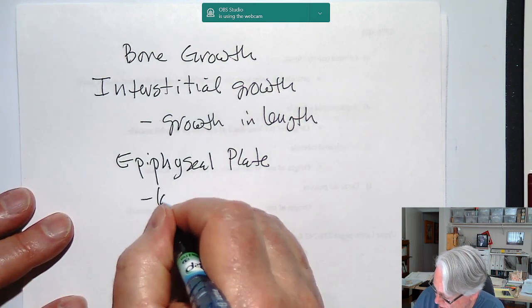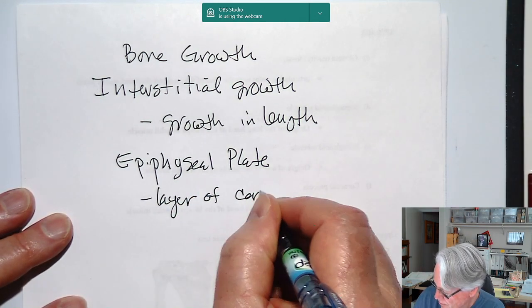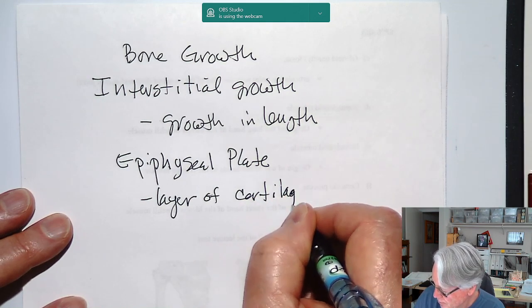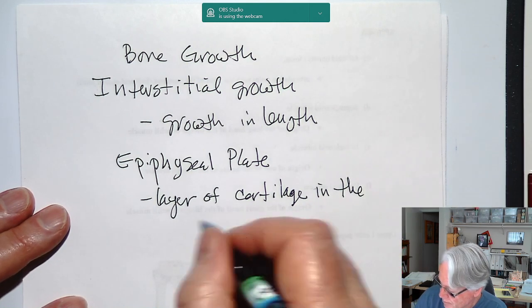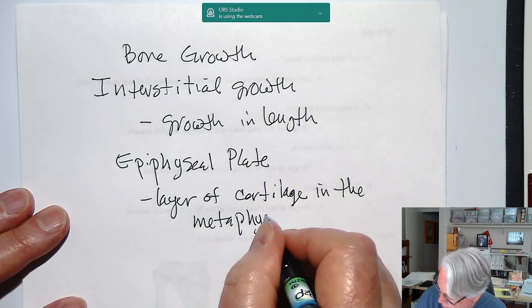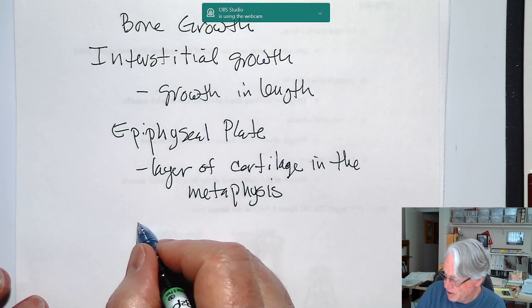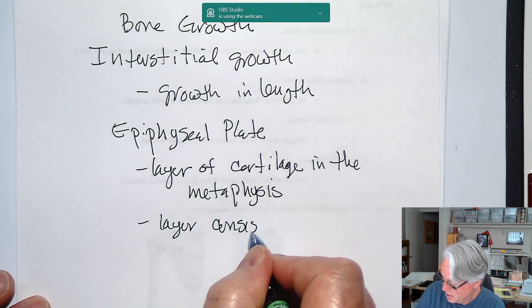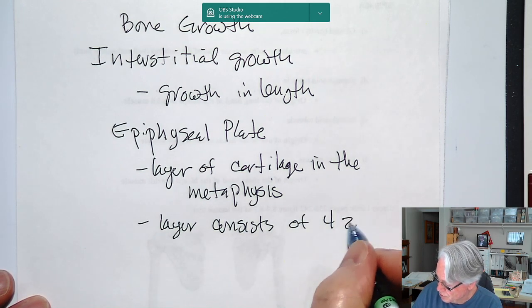This is going to be a layer of cartilage in the metaphysis. This layer consists of 4 zones.